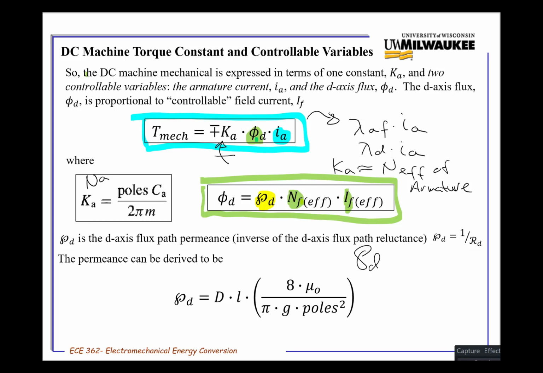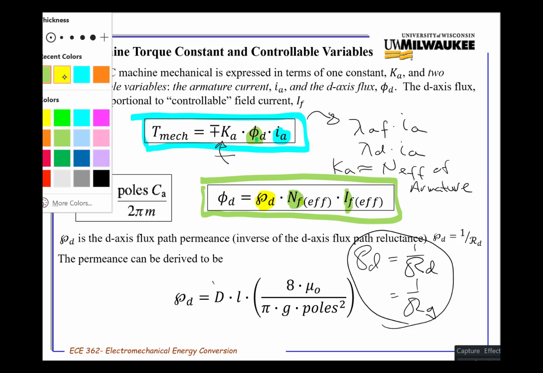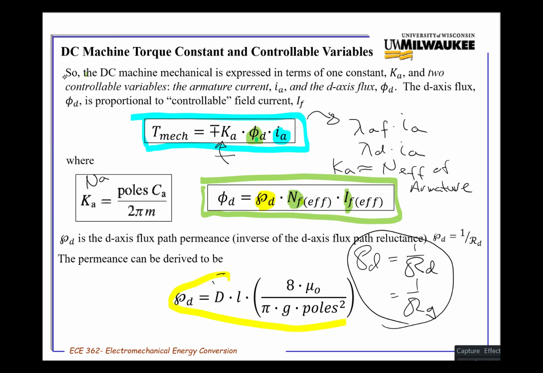So this is the d-axis permeance. It's 1 over the reluctance associated with the gap. I've told you several times when we talk about rotating machines, we like to use permeance instead of reluctance. And here's the permeance expression right here in terms of the whole geometry. Does that make sense to everybody?